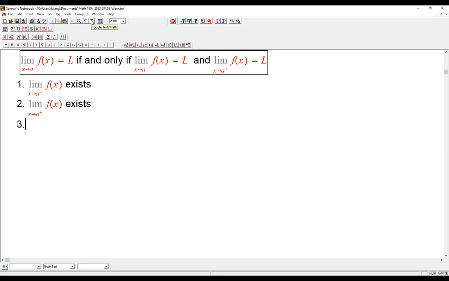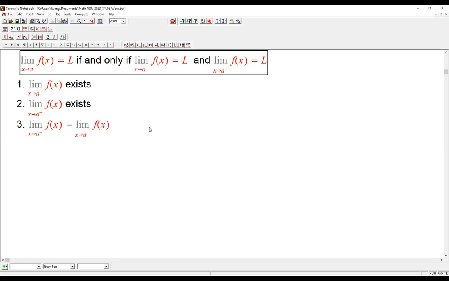And thirdly, the two must be the same. So that implies these three items. So when this limit exists, not only does the limit from the left side exist, the limit from the right exists, and also, thirdly, they are the same.